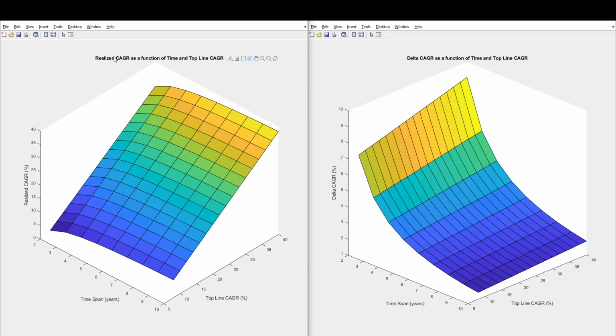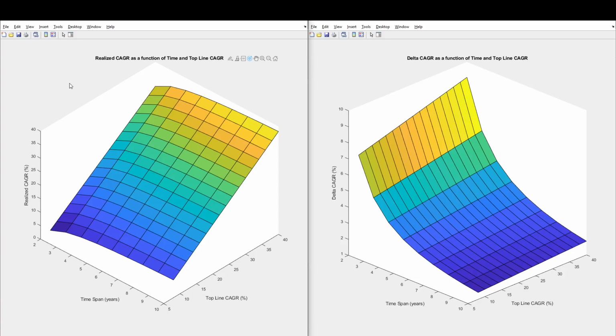And then realized compound annual growth rate is the calculation of, okay, let's say I had something and I bought it for X dollars. I then held it for 5 years. It had a top line compound annual growth rate of 15%. And then I sold it. I had to pay a 12.5% market fee to sell it. Now let me work backwards.